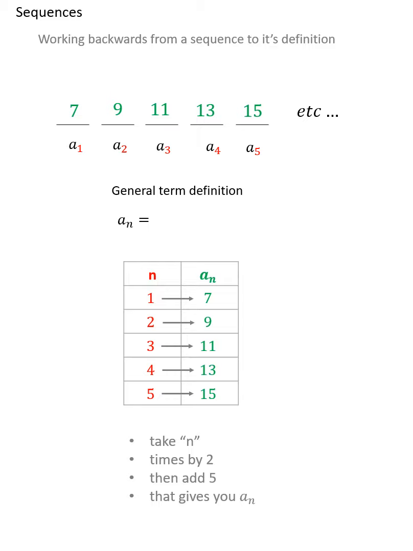Otherwise, we'll move on. And so, what we've discovered here is that the general term of this sequence is n times 2 plus 5. In other words, if I take any n value, times by 2, and add 5, I will get the a sub n value.